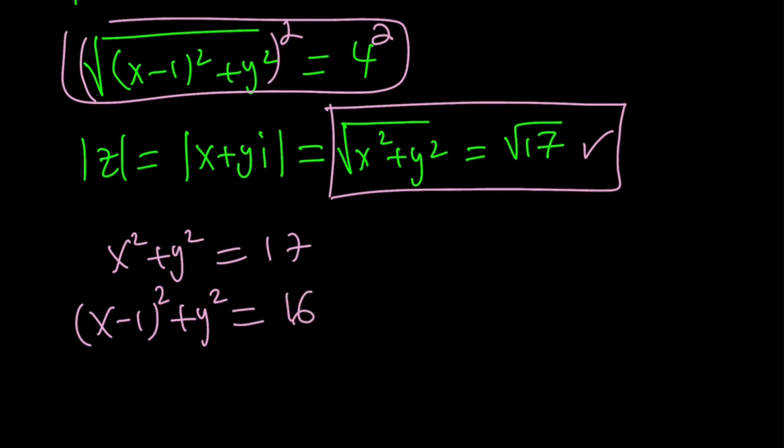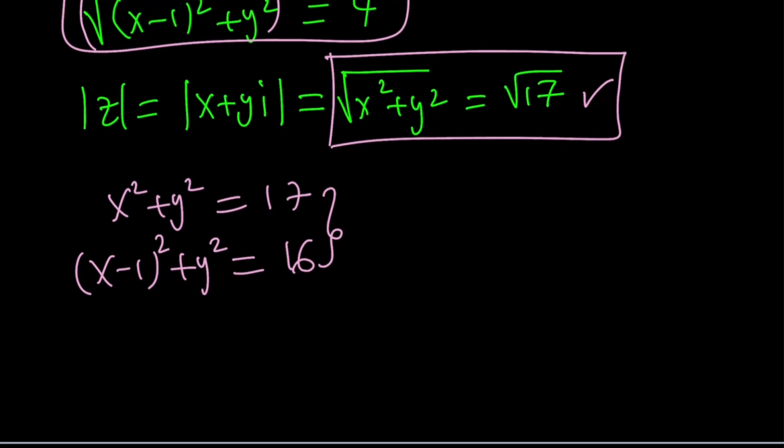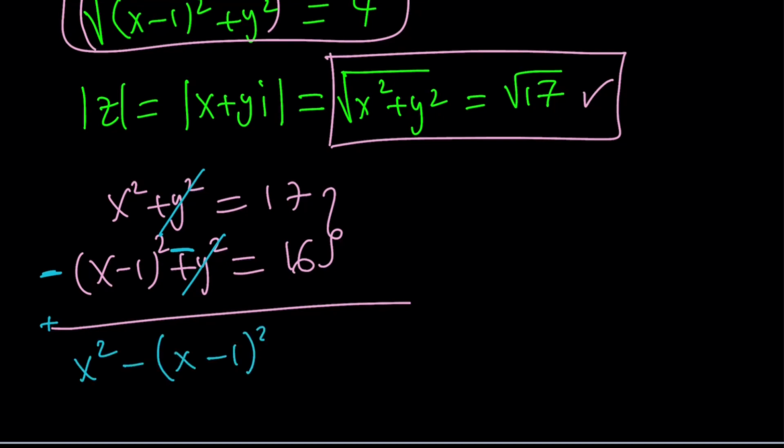The reason why I wanted to do the second first is because I'm going to subtract these equations. And as you know, subtraction is done by adding the opposite. So we're going to put a minus sign here and then a minus sign, and then just add these. First of all, y squared is going to cancel out, and we're going to end up with something like this, and this is going to be negative 16, and the sum is going to be 1.